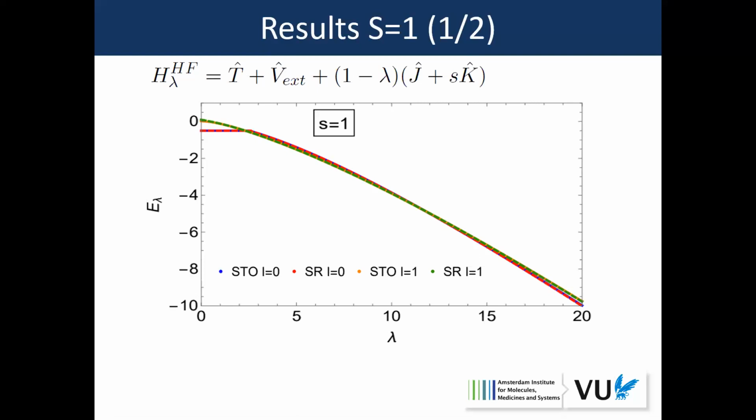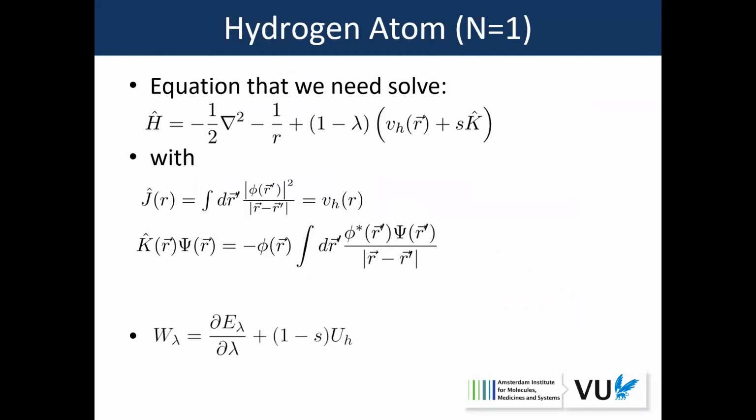The very moment the K and J act on any other orbital, they are not the same. If you look here, only if this psi is the same as this one will they be the same. But if K works on another orbital, you have this overlap function, which is different from what you have in the J. So it's not the same.